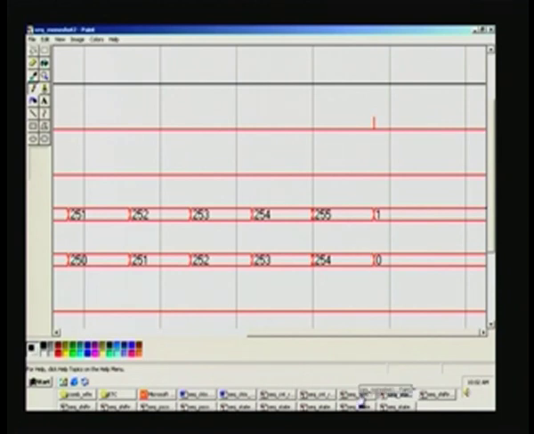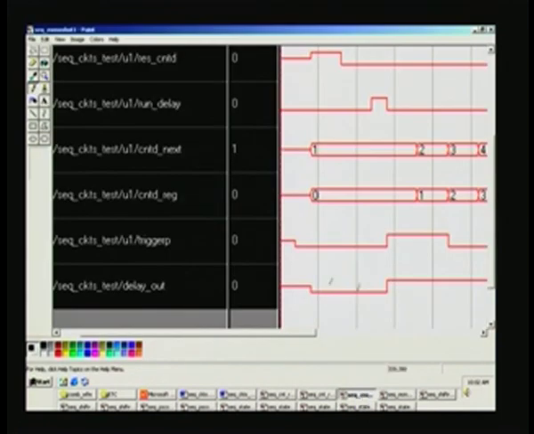In the earlier case we saw that this delay out goes high here and remains high till 254, but this is corresponding to this 0 here, and 0 itself is spread over 1 clock pulse. So in other words, the last one was 254 plus 0, which gives you 255 clock cycles of delay, that is what you have got.